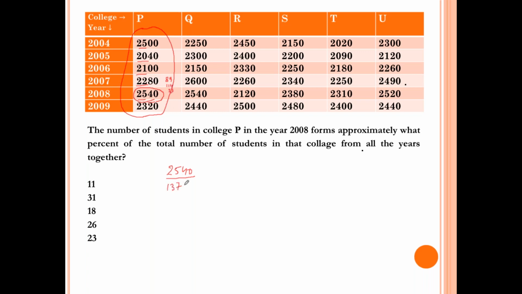So 13780. Is that the calculation? This is 13780, right? This is the calculation most of you will be doing, and then you will be finding the percentage.